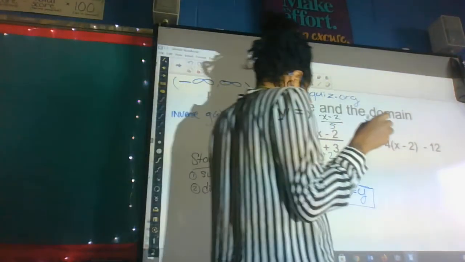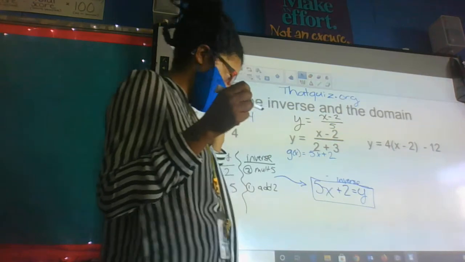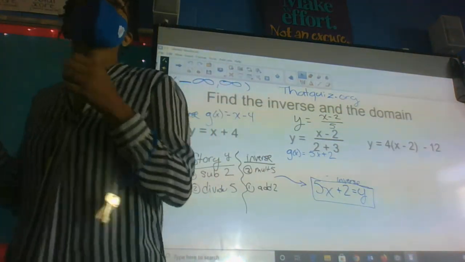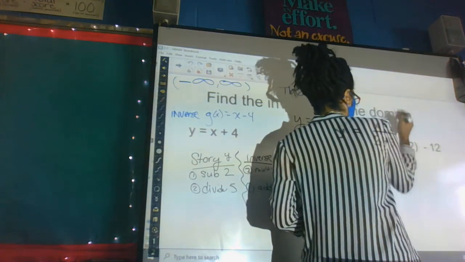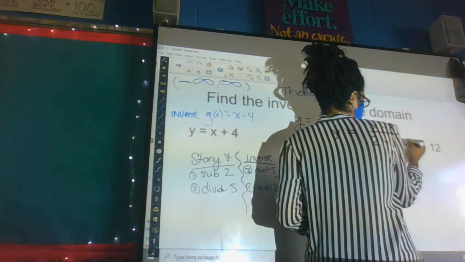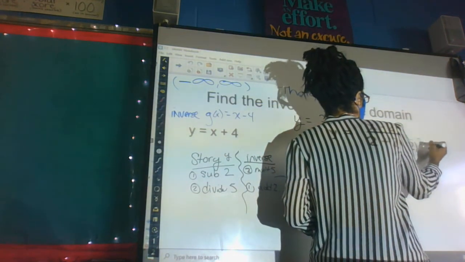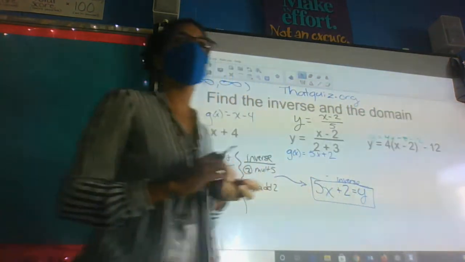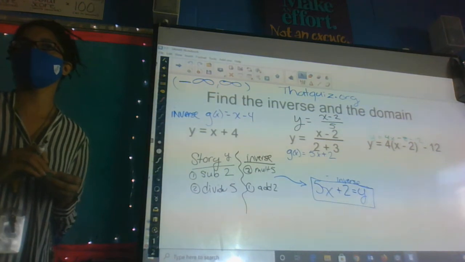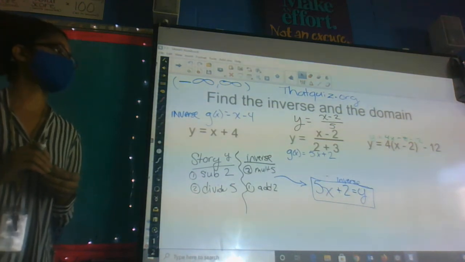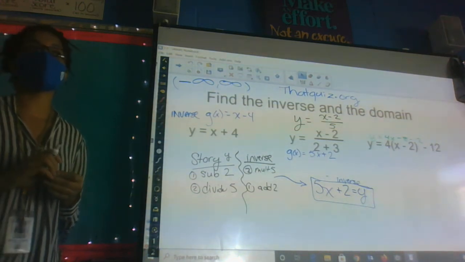How do I do so? Distribute. So you want to distribute first. And then what do I want to do? I get 4x minus 8 minus 12.